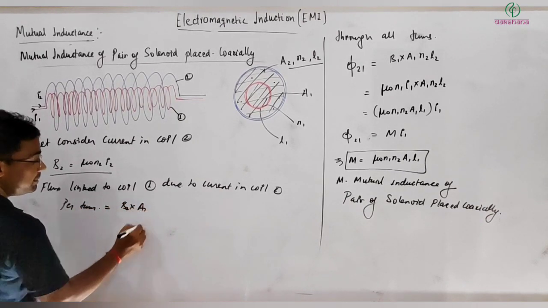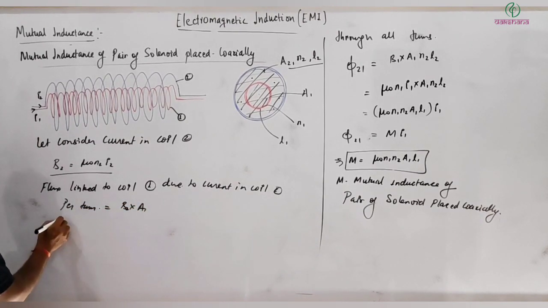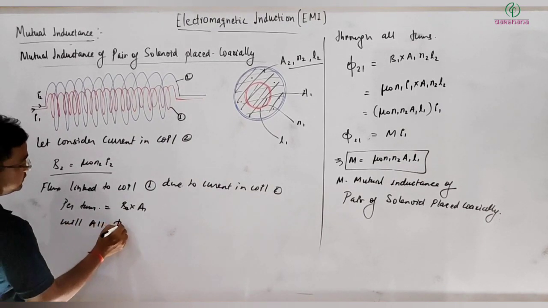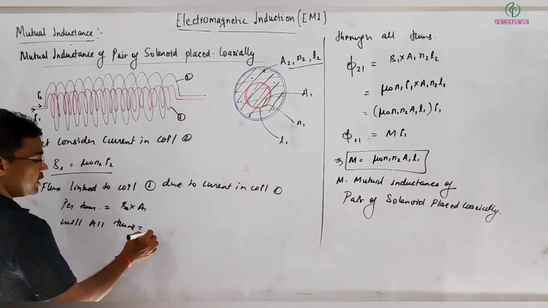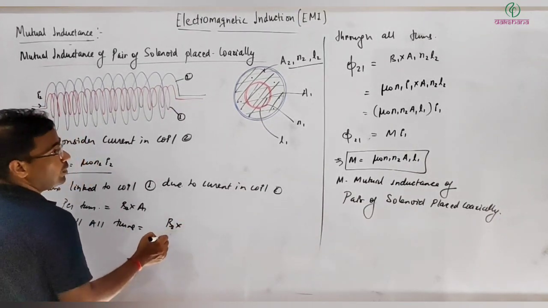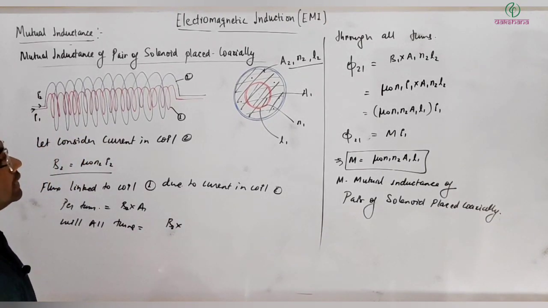B2 into area will be still A1, through all turns. This comes out with B2 into how many turns are there?